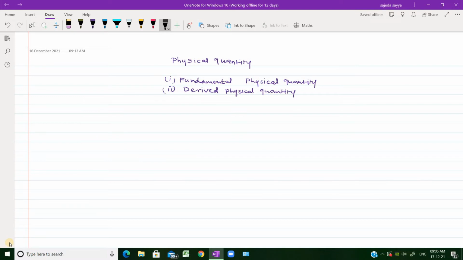Fundamental physical quantities are those physical quantities which do not depend upon any other physical quantity for their measurement.